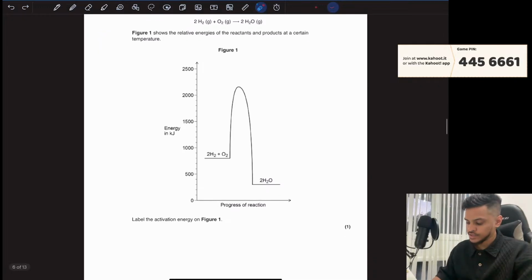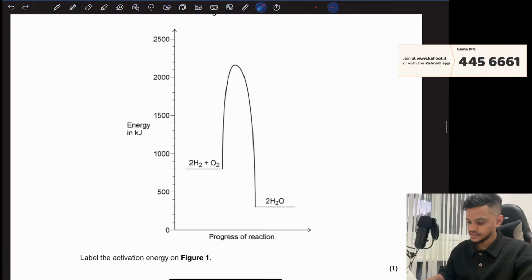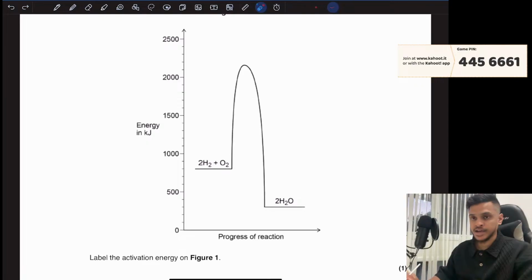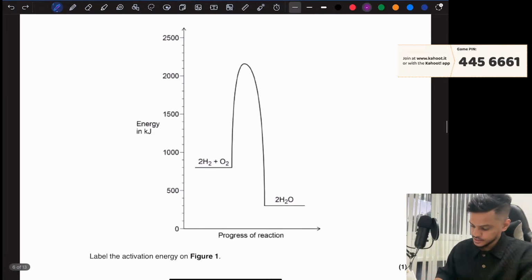It asks you to label the activation energy. Activation energy is always from the reactants to the peak. Okay, so let's draw a dotted line here. You'd get a ruler and draw an upward arrow this way.